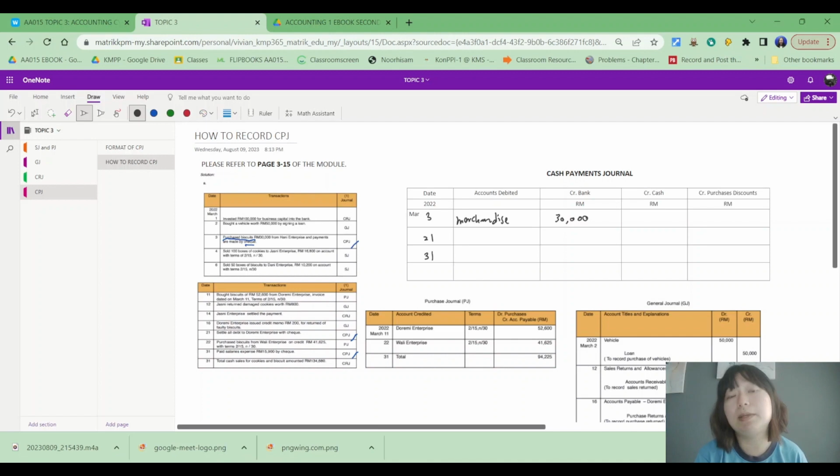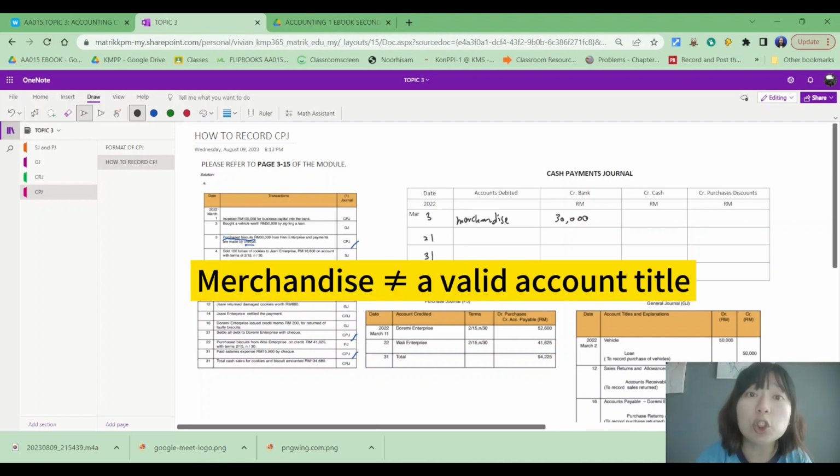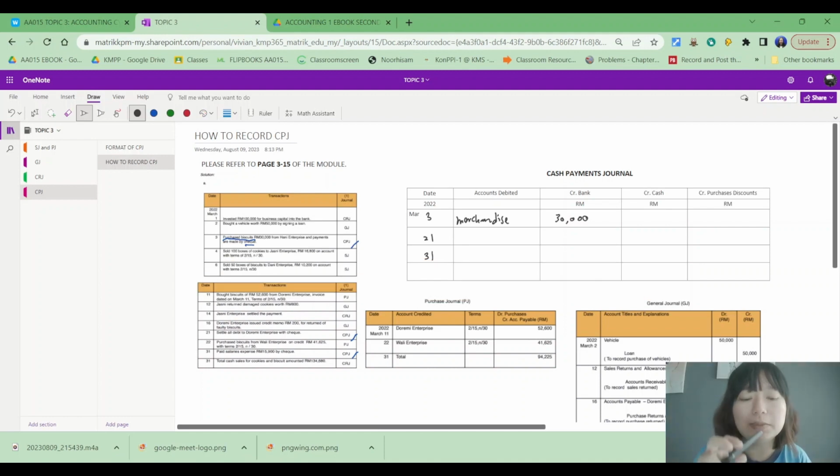Kenapa salah? Because merchandise is not a valid account name. Okay, dia memang tak valid. We don't have this account, or I would say we don't have this account title. Okay, kita memang tak ada account ni merchandise dalam senarai account items kita. Memang tak ada. So again, this answer is false.